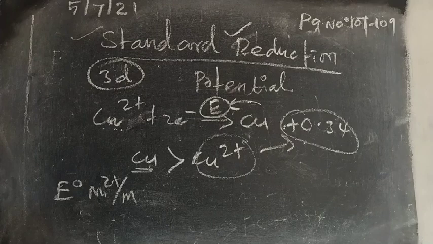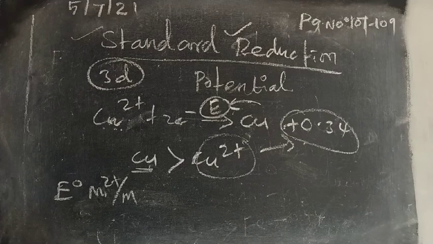Manganese and zinc are more negative than the regular trend. If you see the overall trend, manganese has minus 1.18, zinc minus 0.76. In the trend from beginning to end, the values try to decrease, but in between we have two exceptions. What are they?